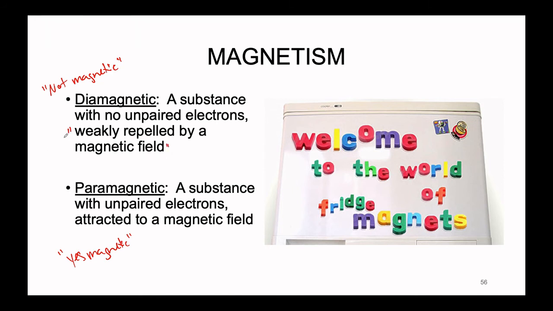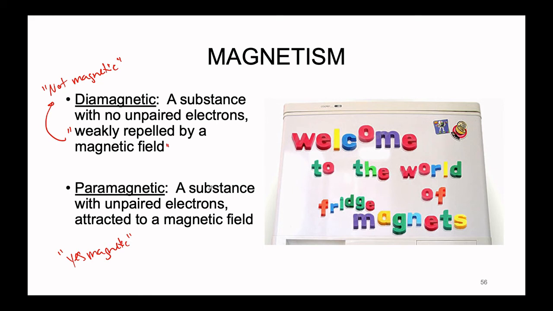Again, what this means observationally is that it's not magnetic. This is the equivalent of like trying to take a magnet, like a fridge magnet, and put it on like an aluminum surface. It just doesn't stick. This is because aluminum does not have any unpaired electrons. It is not going to actually work as a magnet or as a magnetic substance.